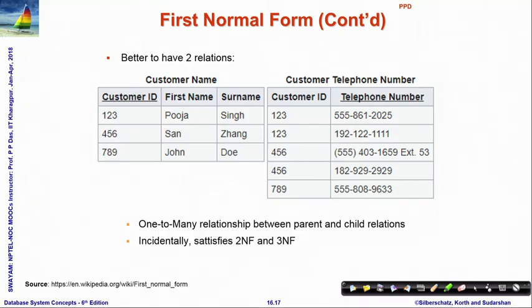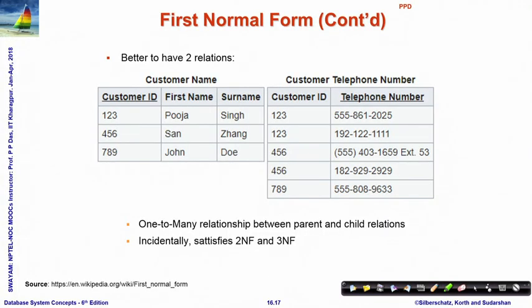So, we can keep multiple of them and we take that out from the customer name. So, a one to many relationship between the parent and the child, between the customer name and telephone number. Every customer may have more than one telephone number, and that makes it a first normal form relation, and we will later on see that it also is 2 NF and 3 NF, but that is a future story.